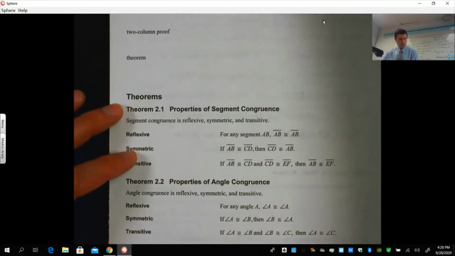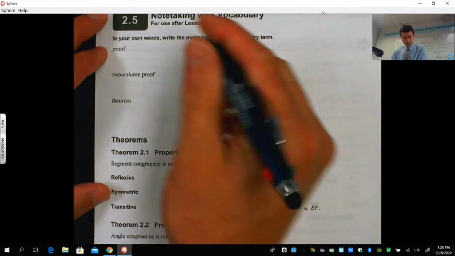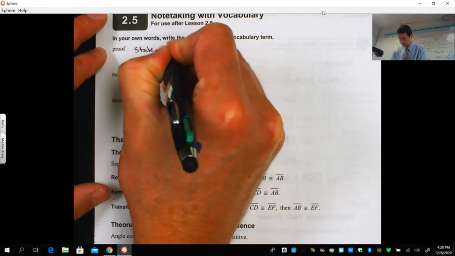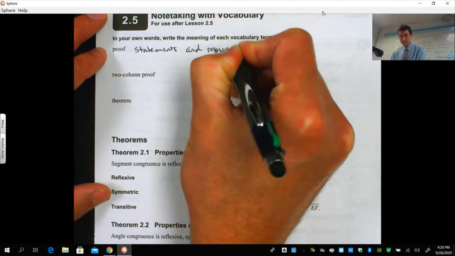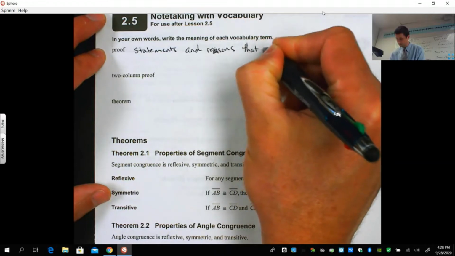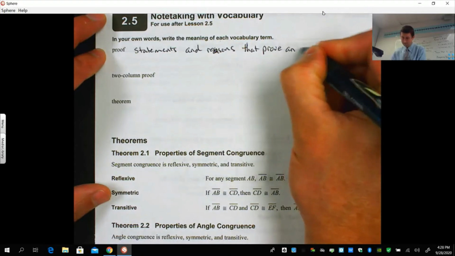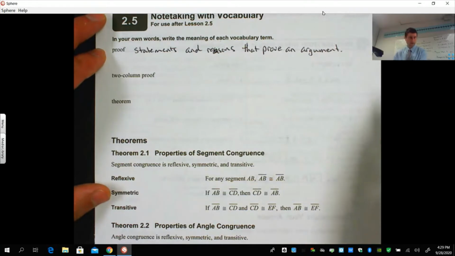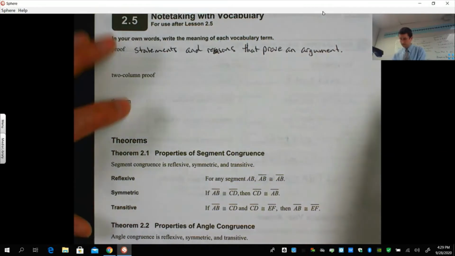Okay, so we already talked about a proof. It's a logical argument. So it's going to be statements and reasons that prove an argument. Argument is just a given and what we want to prove. So a 2-column proof.